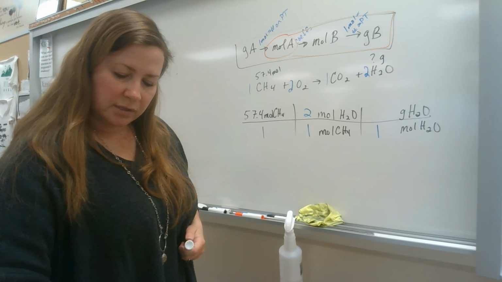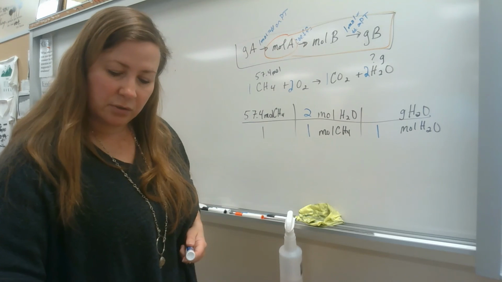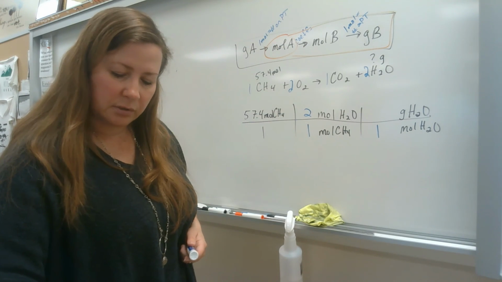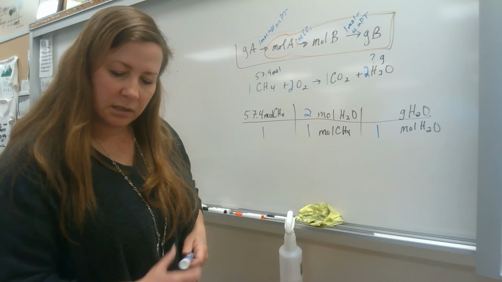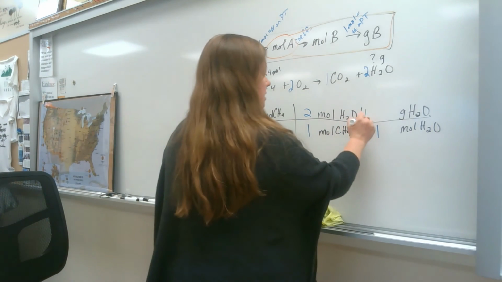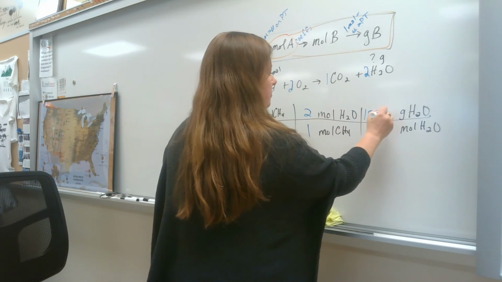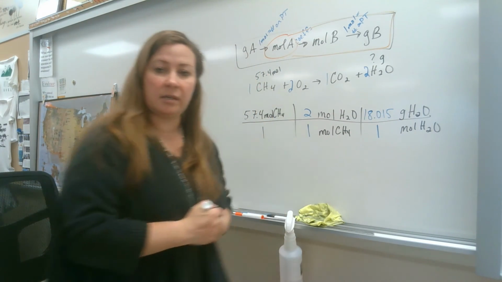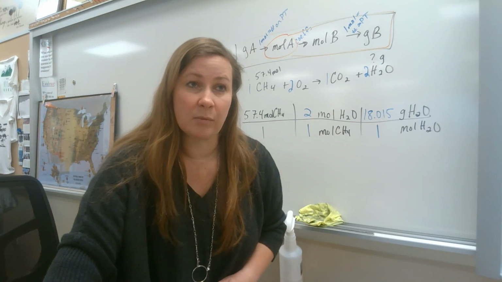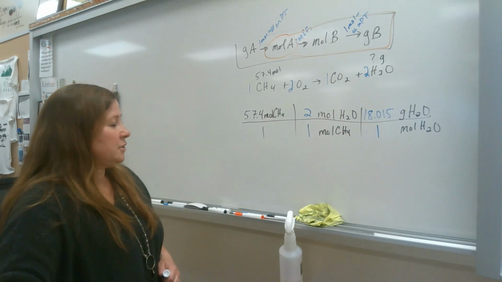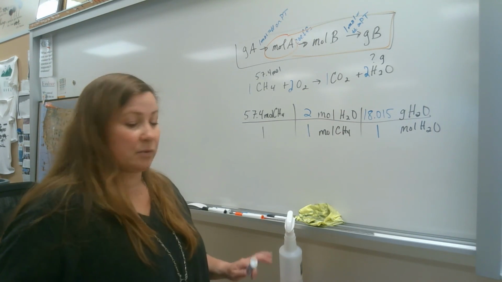So that's 1.008 times 2, plus 15.999. And I got 18.015. And if you're looking at a different periodic table than me, you're going to get a slightly different answer, but it's probably going to be 18 point something. So your answer would be close enough, it would be fine.